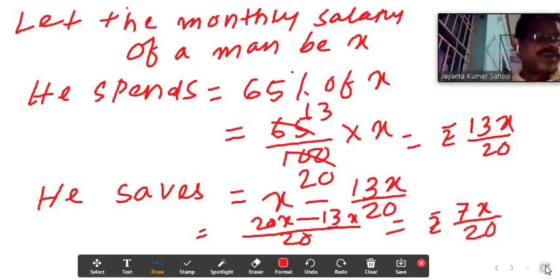But what is given in your book in that question, how many rupees he saves? No, he saves 525 he saves.